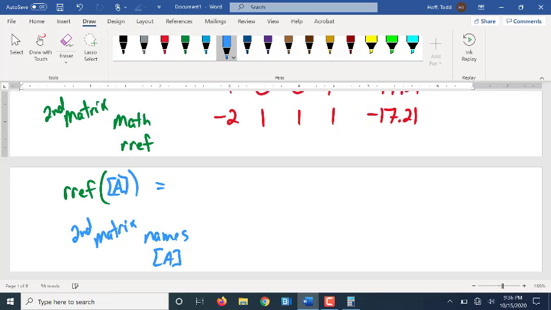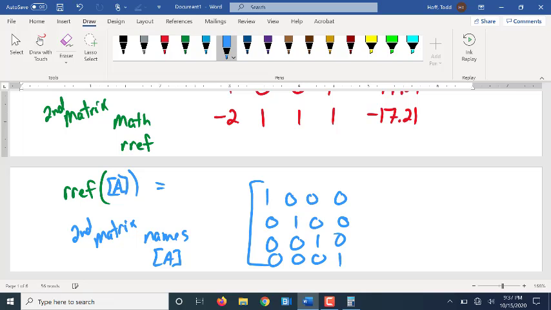Close your parentheses and hit equals, and it will pop up a matrix that's 1, 0, 0, 0, 0, 1, 0, 0, 0, 0, 1, 0, and 0, 0, 0, 1. The numbers over here are going to be your solutions. What you're concerned about is the number at the end of this first column, because that's telling us what x equals.